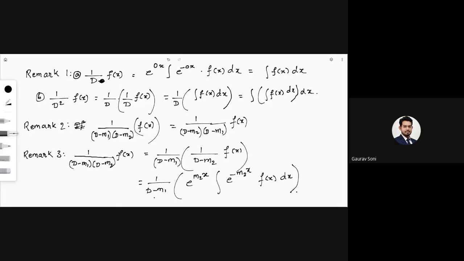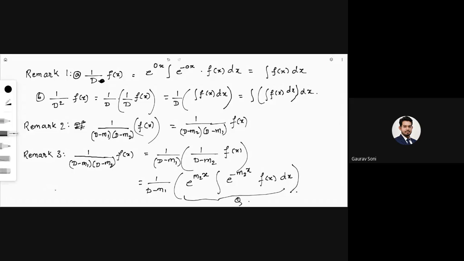Now when I apply 1 upon D minus m1, the bracket I will call, say, capital Q. So I will solve this integration, and the final answer I will get I'm calling Q. Then on that I will apply 1 upon D minus m1.